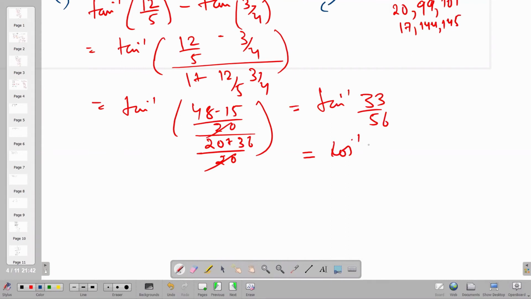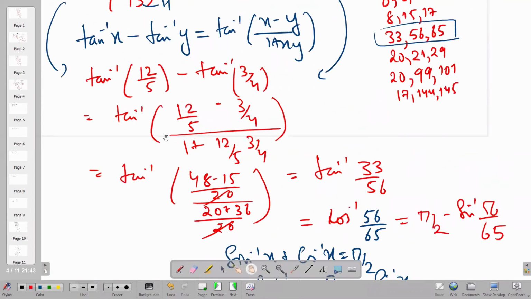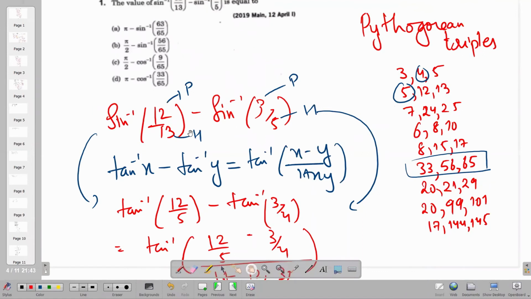So I replace it by base upon hypotenuse, and further, using this identity, that sine inverse of x plus cos inverse of x is equal to pi by 2, so cos inverse of x is pi by 2 minus sine inverse of x. So I can replace this by pi by 2 minus sine inverse of 56 by 65, and that is my option B. So this is how we solve this question.